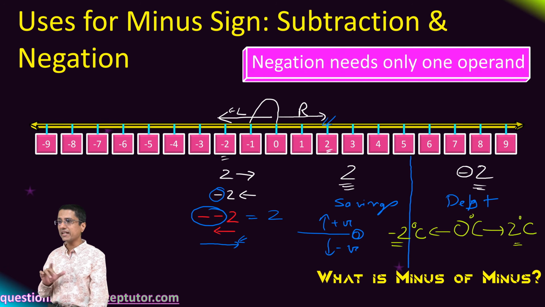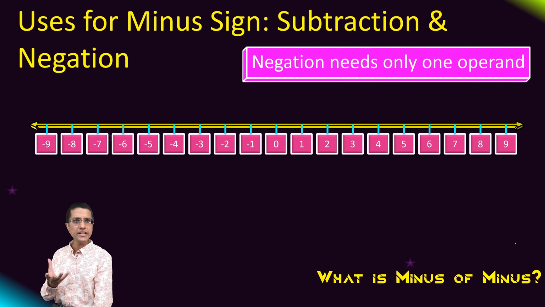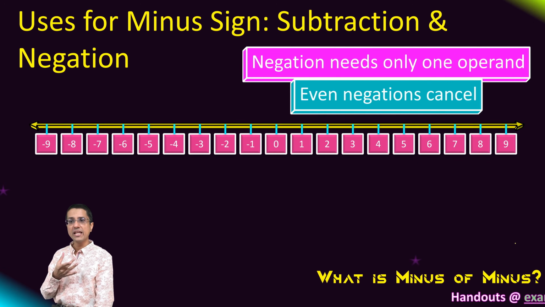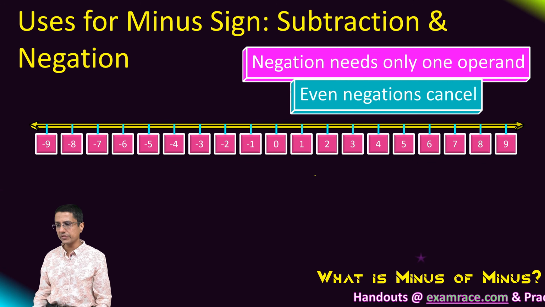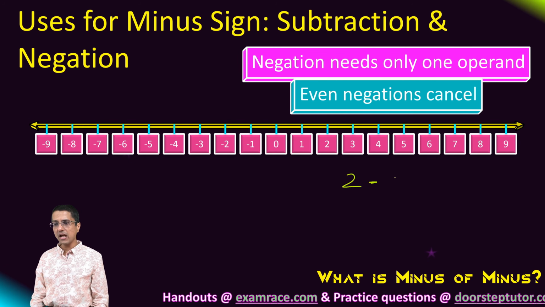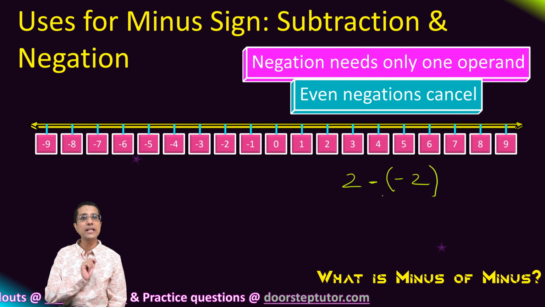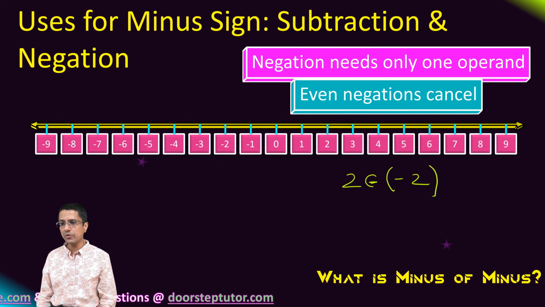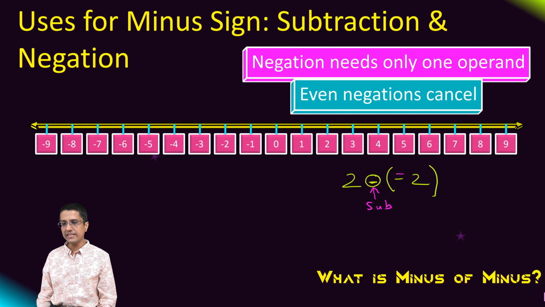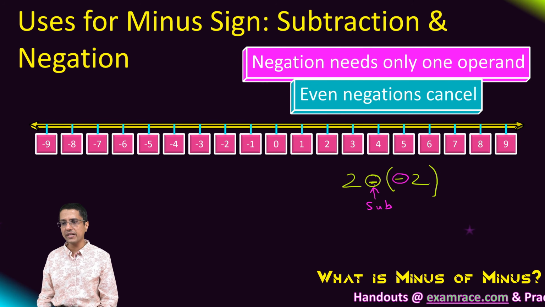Now with this basic understanding of our sign of negation, so negation needs only one operand, we understood this. Even negations, they would cancel, we understood this. Once we comprehend negation, we can now understand expressions like 2 minus -2. In this case, the first operator is a subtraction.